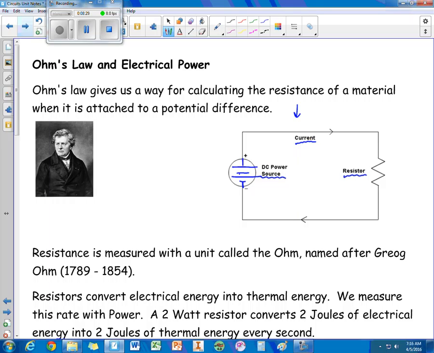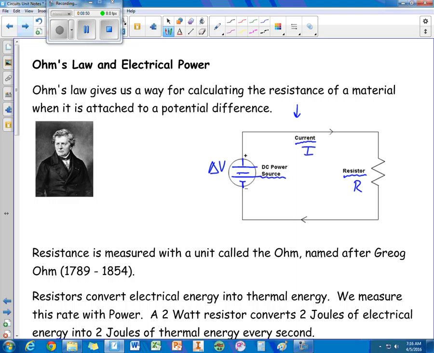Just a series of long and short lines where the long line is positive and the short line is negative. So this right here gives us our electrical potential difference, our voltage. So that's going to be our delta V. The current is I and the resistor is R.